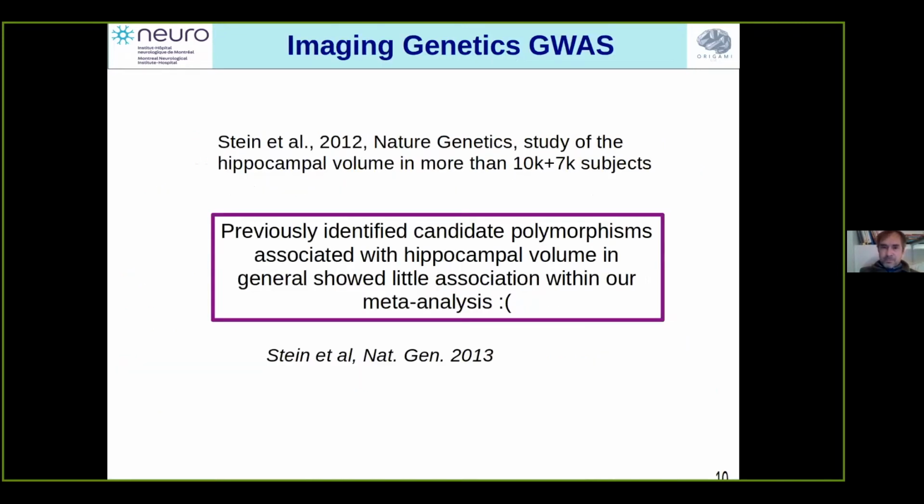In the field of imaging genetics, there was this interesting paper by Jason Stein a while back, showing some association of a SNP with the hippocampal volume in a very large cohort. And the interesting aspect of that study is that none of the previously identified SNPs were actually found in this very large cohort.